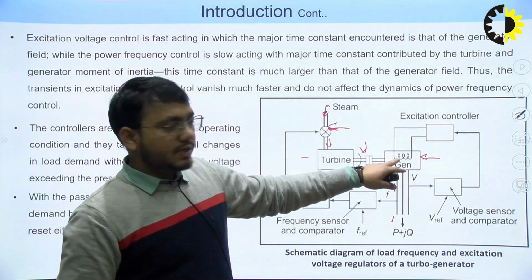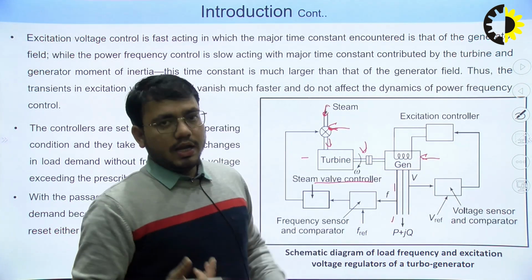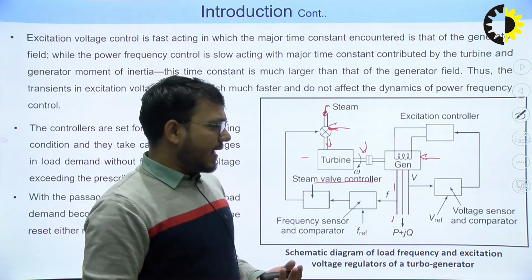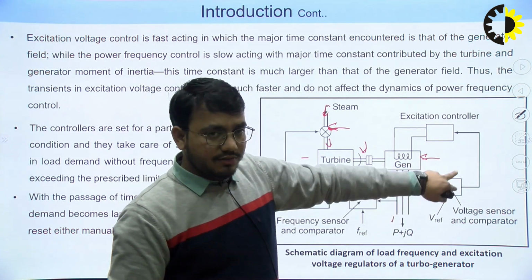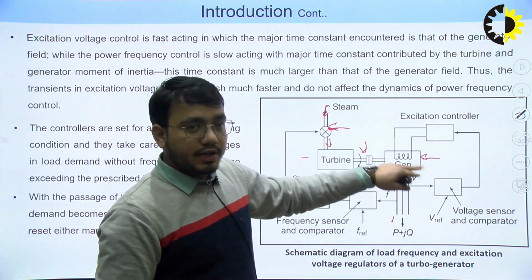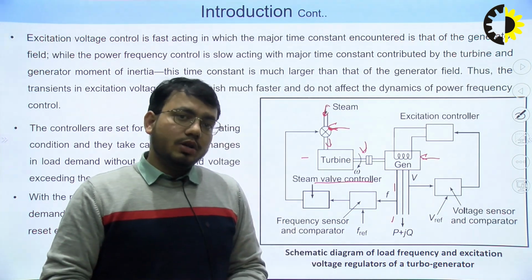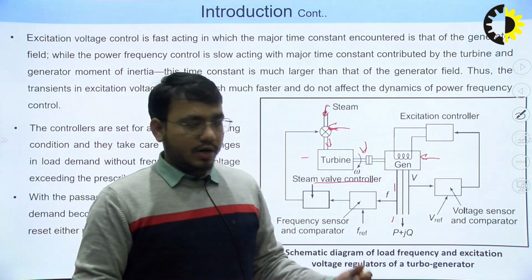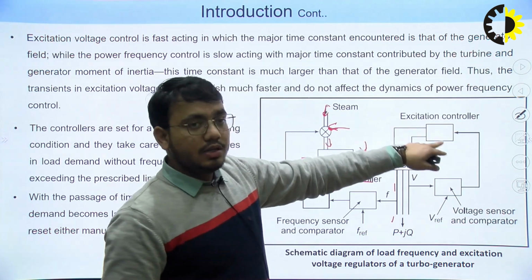The voltage which is being generated by this generator is sensed, and it works as a comparator in which the reference voltage is given over here. It compares the actual voltage and reference voltage and generates the error. Now the function of the controller is to reduce that error, right? This error is being reduced and this excitation will be controlled.